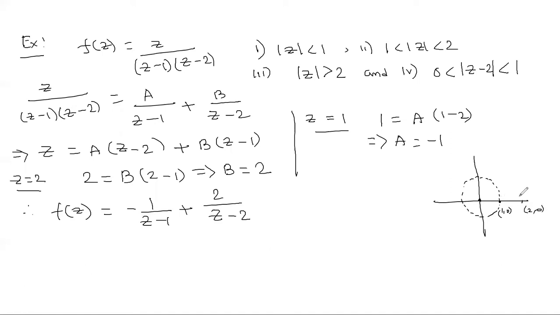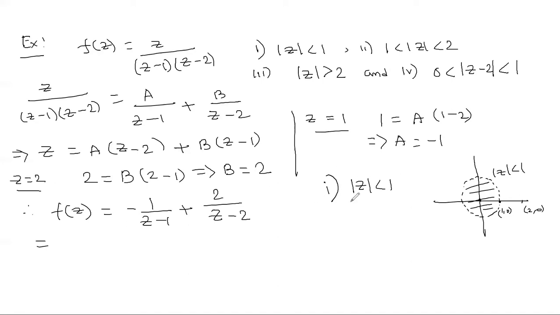So both the singularities are not inside the domain. So you can see we are going to get a Taylor series expansion over here because the function is analytic inside this region mod z strictly less than 1. So let us see what happens. That is the first case.